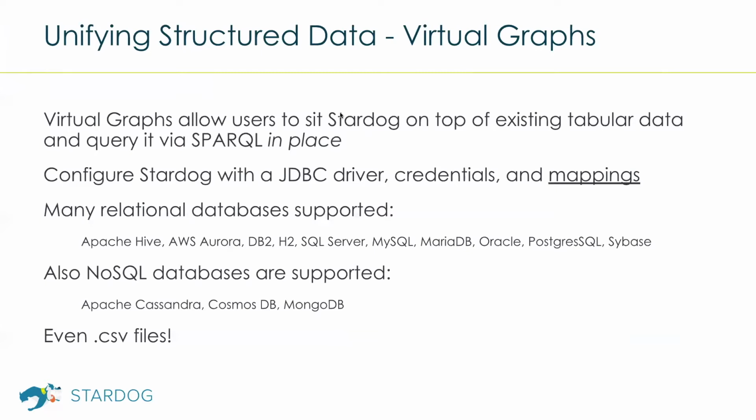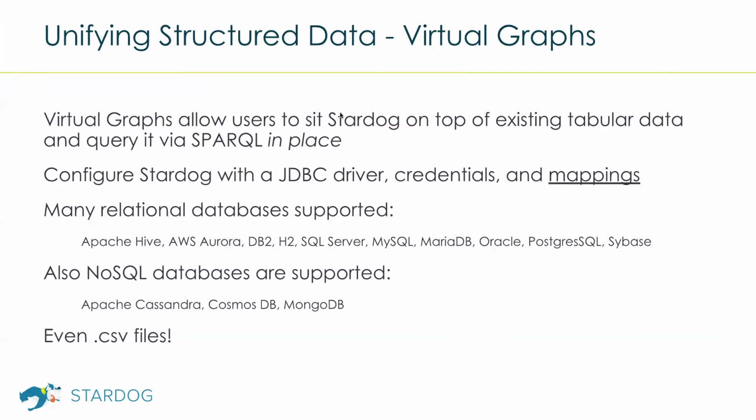And we even have the ability to take a CSV file, provide a mapping, and load it into Stardog. You can't query the CSV file in place because it's not just going to look into the file system like that. But it lets you take even very large CSV files.